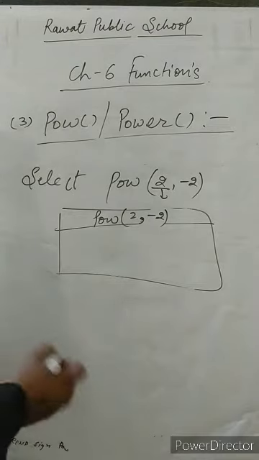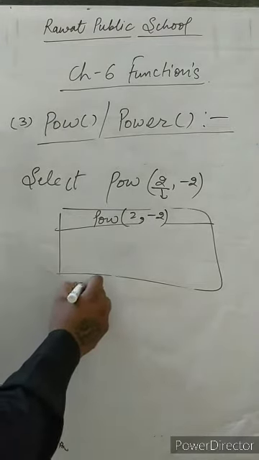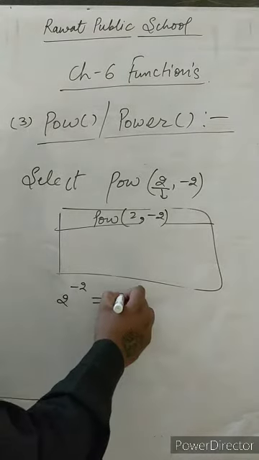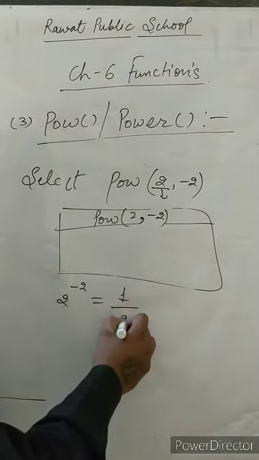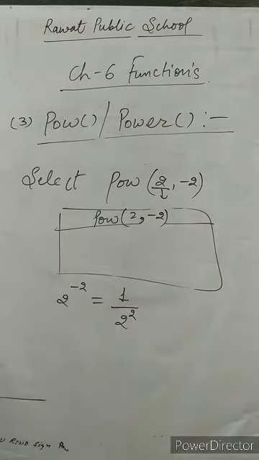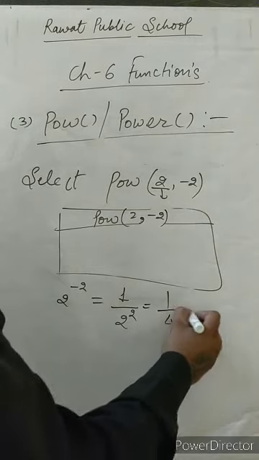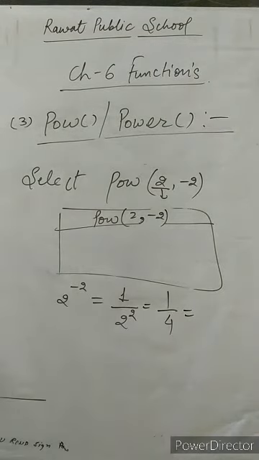According to the calculator, 2 to the power -2. As you know, according to the exponential law, we take the reciprocal to make that particular power positive. Now it becomes 1/4.